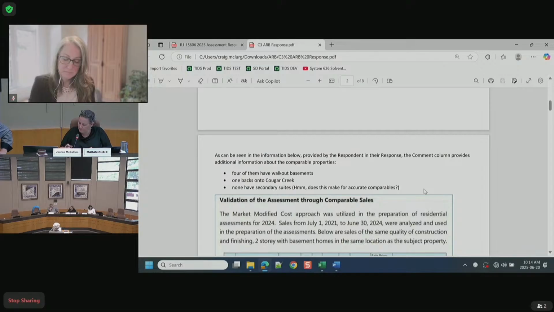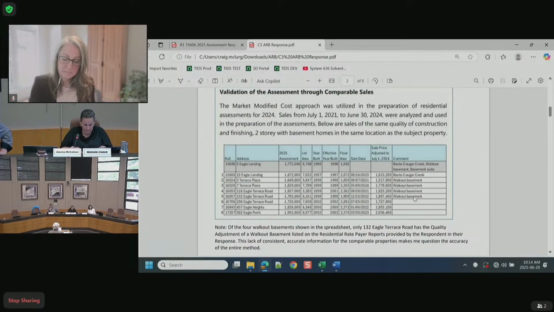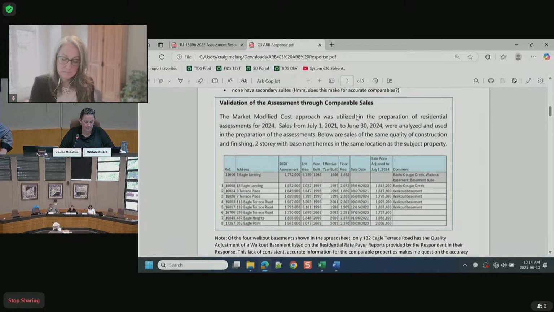So the respondent gave me some information and said, this is the valuation of assessment through comparable sales, and it appears that 4 of these other properties have walkout basements, which was not provided to me the first time when I got the comparables.